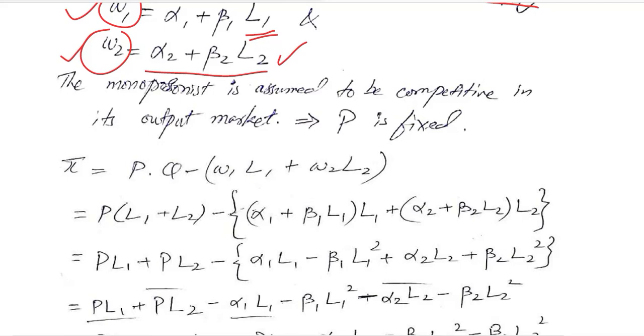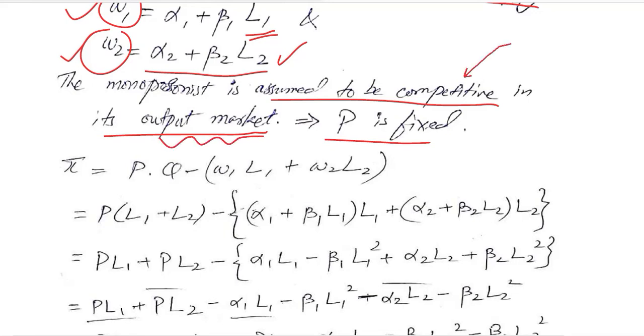The monopsonist is assumed to be competitive in its output market, so P is fixed. Since the output market is a perfectly competitive market, or at least competitive, the price cannot be changed frequently, and it will be fixed, it will be given.